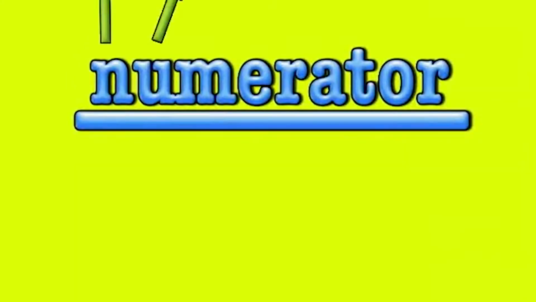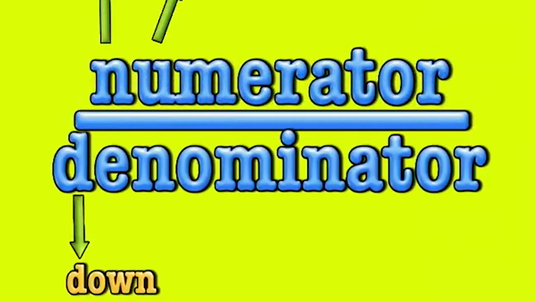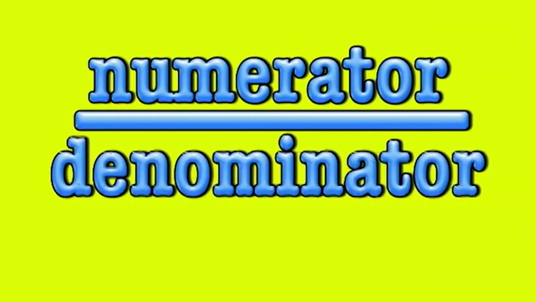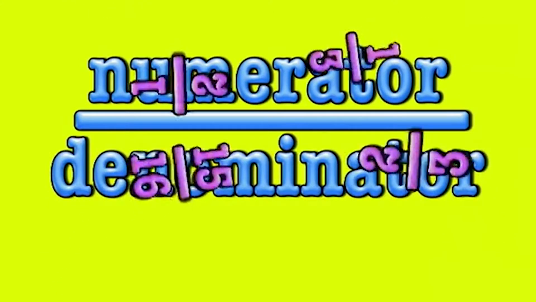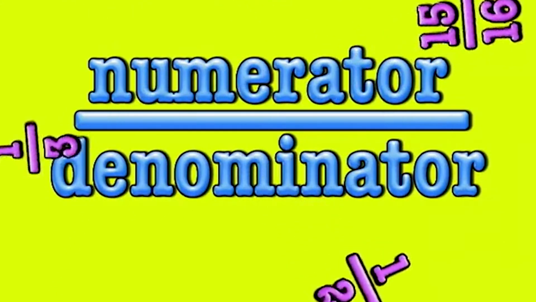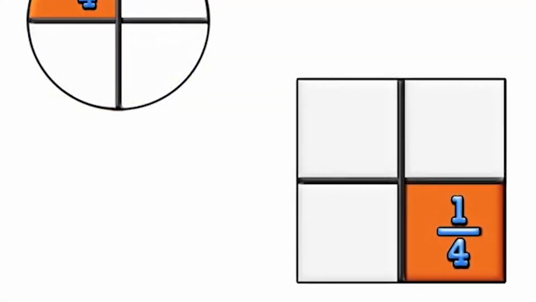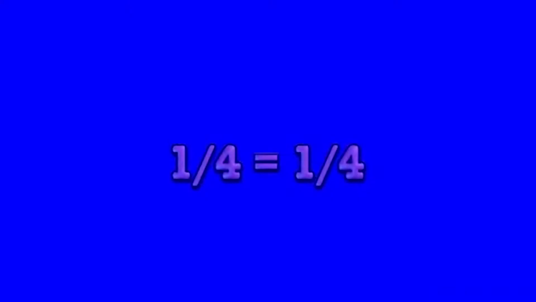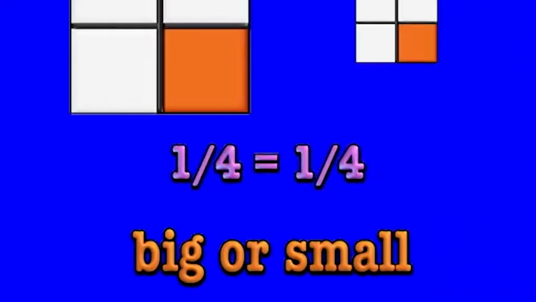Numerator never under on the top. And U for never D under. for denominator's always down. D for down. Numerator up, denominator down. Fractions, fractions are all around. Quarter circle, quarter square. 1/4 plus 3/4 makes one whole right here. And a quarter is a quarter, big or small.